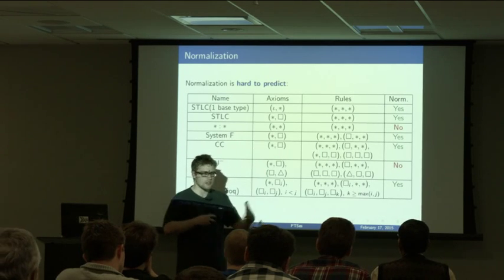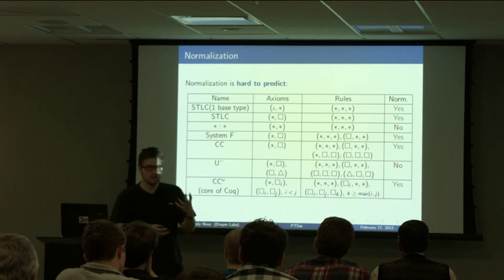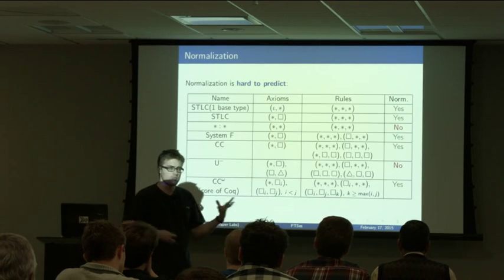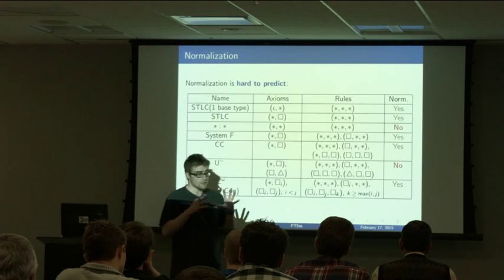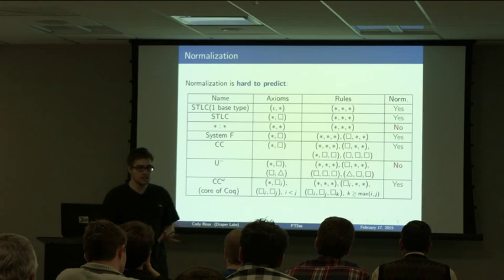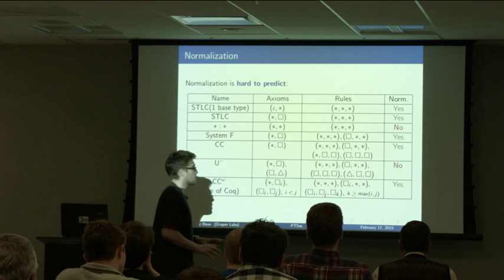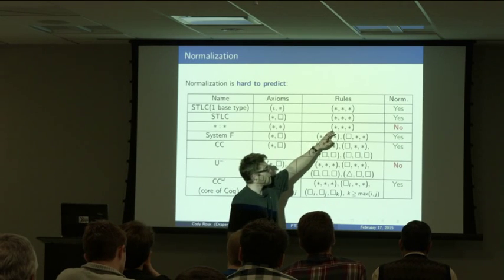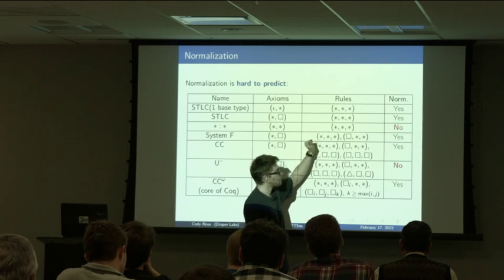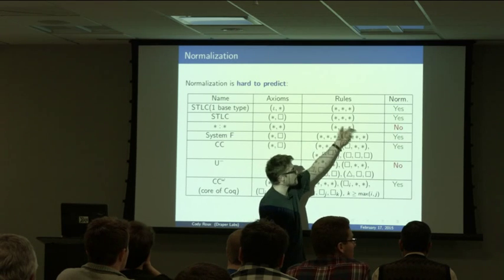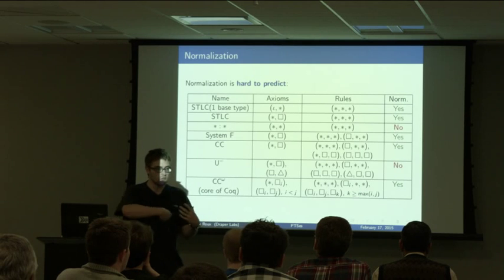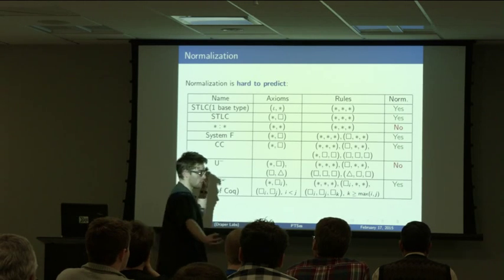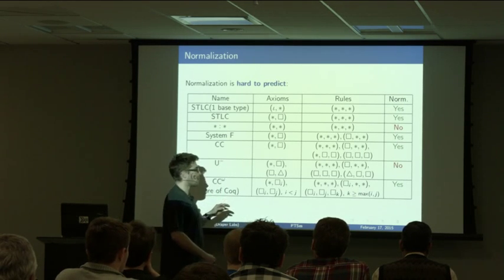Star is of type star, you'd think that somehow there's some kind of Russell paradox going on, type is in itself, but it's quite subtle to actually get a paradox in this logic. Of course, getting a paradox in this logic means building some term that doesn't normalize. The term is gigantic, and it's very hard to read.